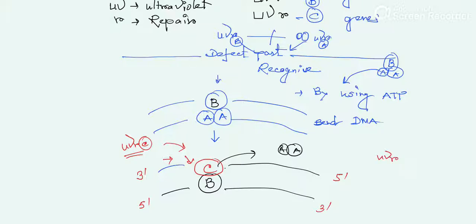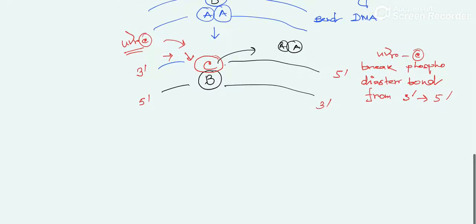So UVRC breaks the phosphodiester bond from 3' to 5'.